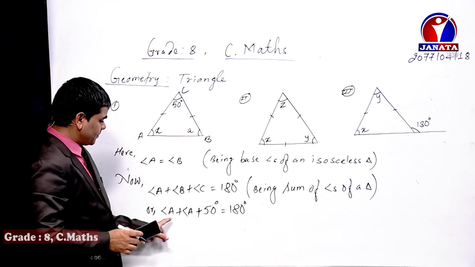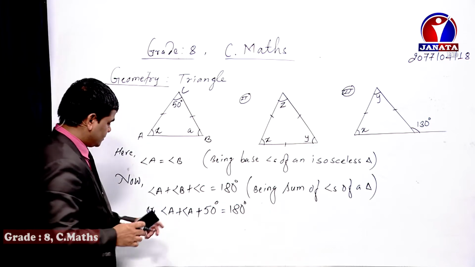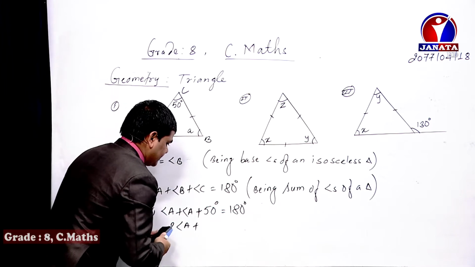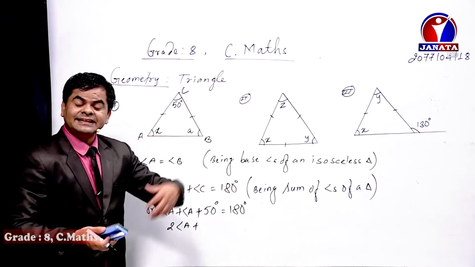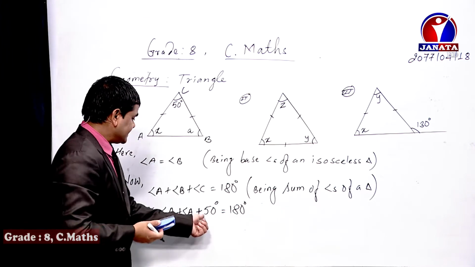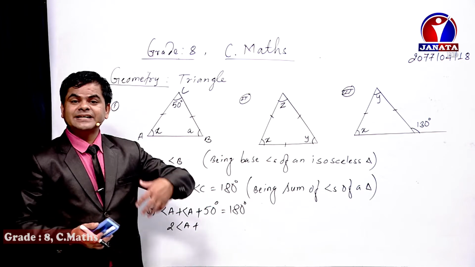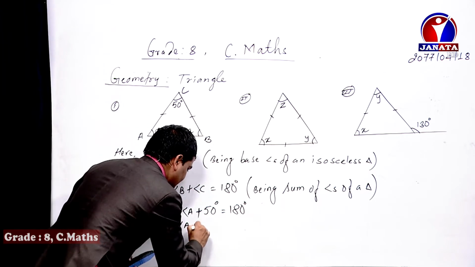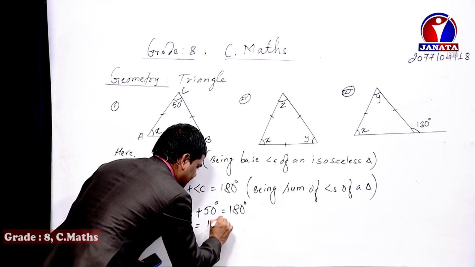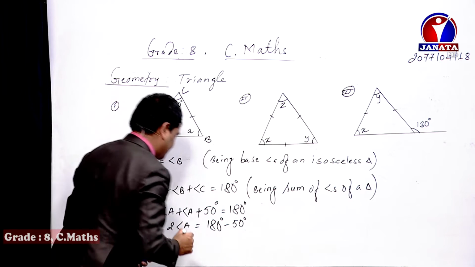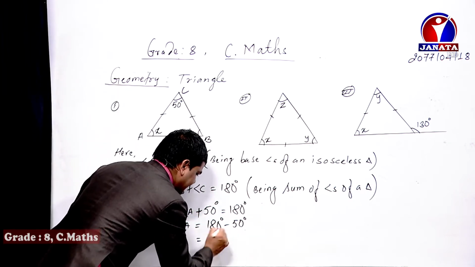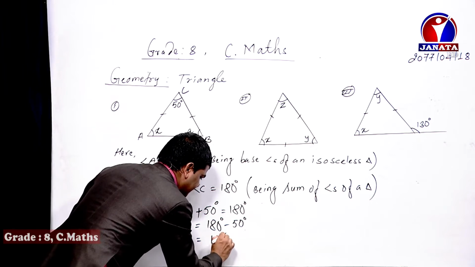Now angle A plus angle A, twice angle A, plus 50 degrees. Can you take 50 degrees to that side? As it is plus on this side, when we take it to that side it will be minus. So what will be 180 degrees minus 50 degrees? 130 degrees.